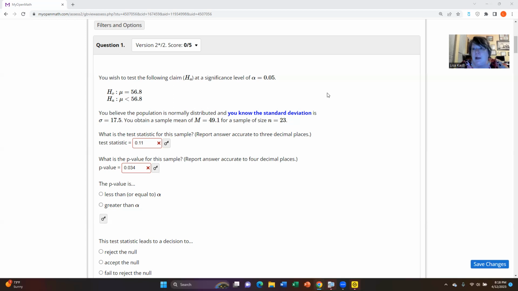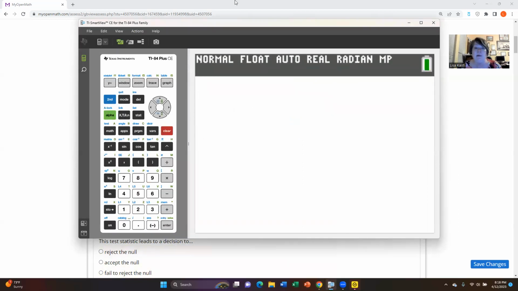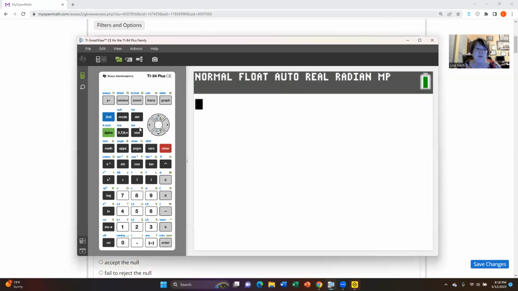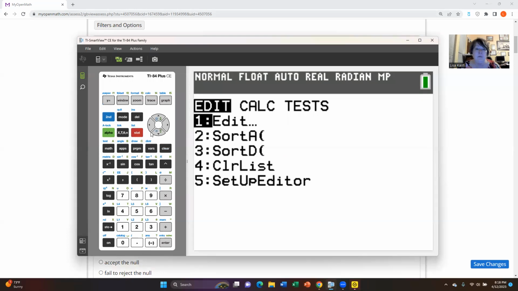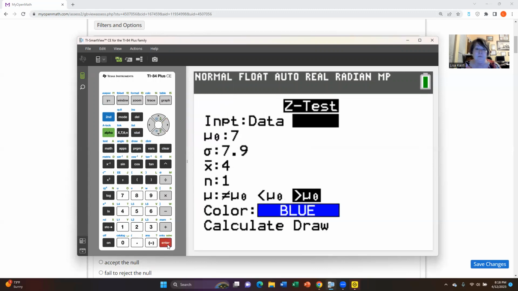All right, so now I'm going to open my calculator, go to my tests, and put the information for this problem in. Let me clear out what I have in there. I am going to go to stat, over to tests, and conduct a z-test.